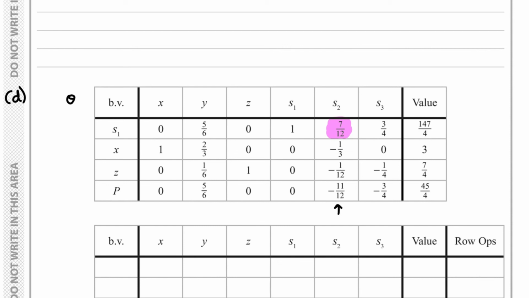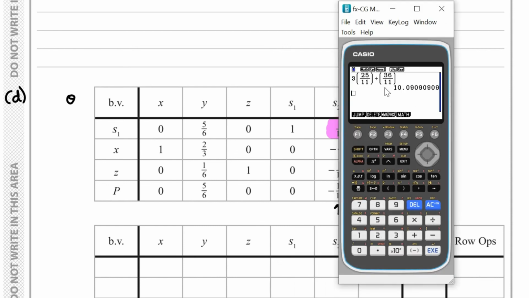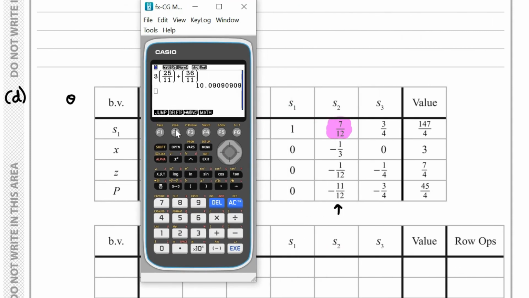So let's just demonstrate that on our calculator. Let's just clear the screen. Here we've got 147 divided by 4 divided by 7 over 12. So you'd find here we get theta equals 63.